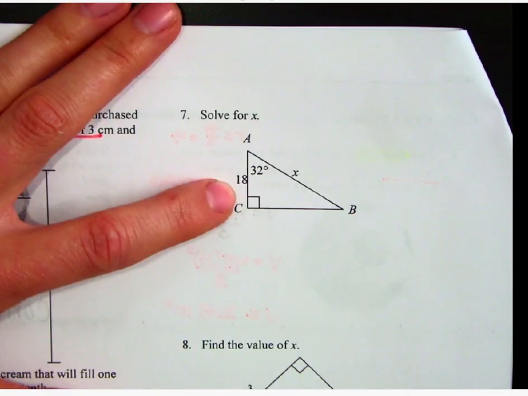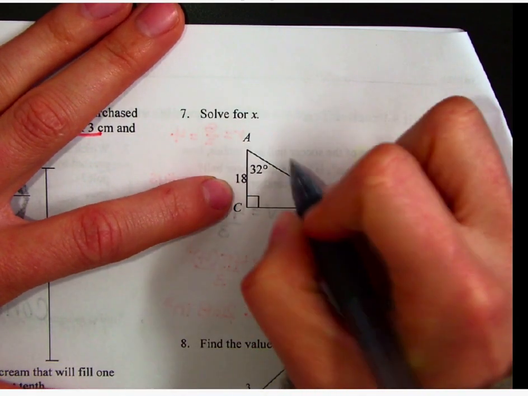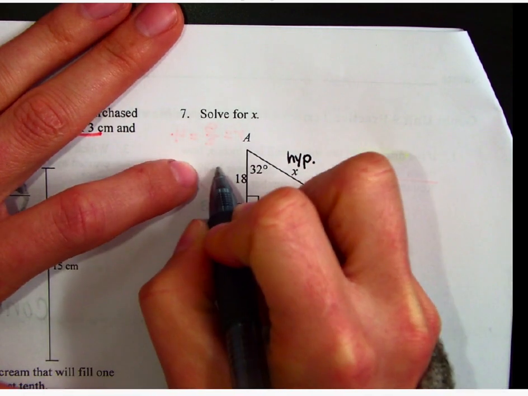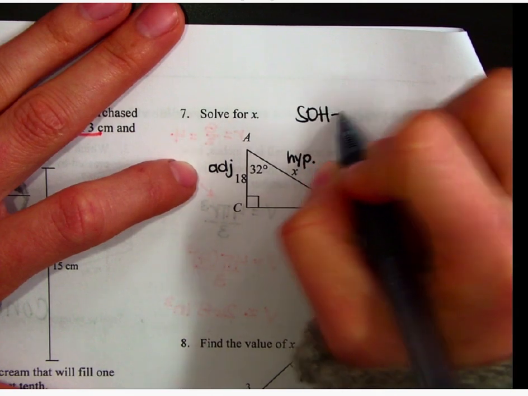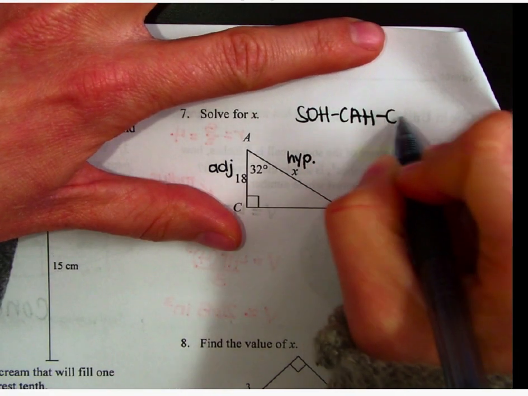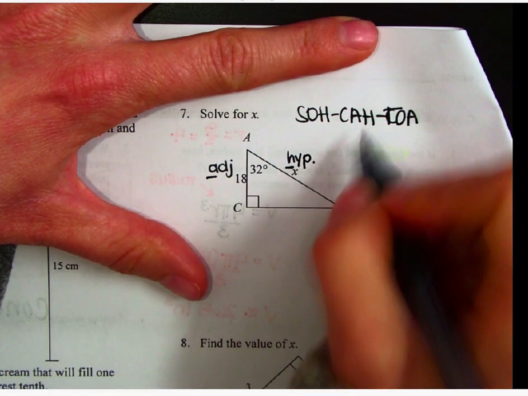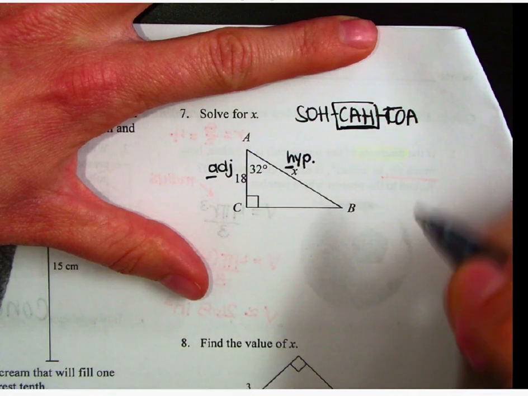Solving for x, I'm going to label with respect to the given angle. They want us to find the length of the hypotenuse given the adjacent side length. So if you remember our mnemonic device, SOHCAHTOA, adjacent and hypotenuse, we want to use the cosine function.